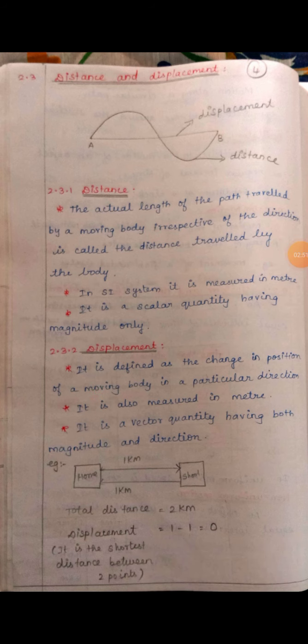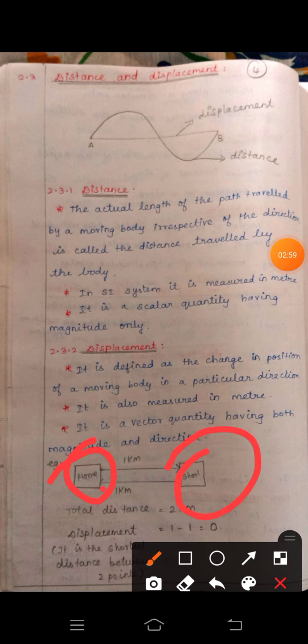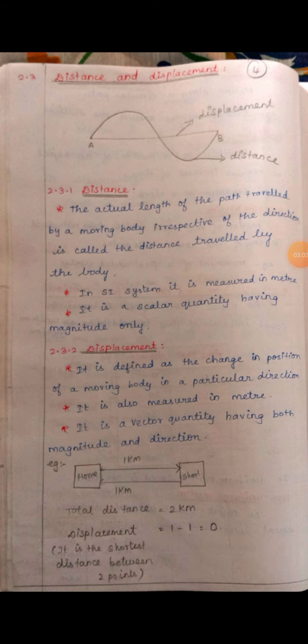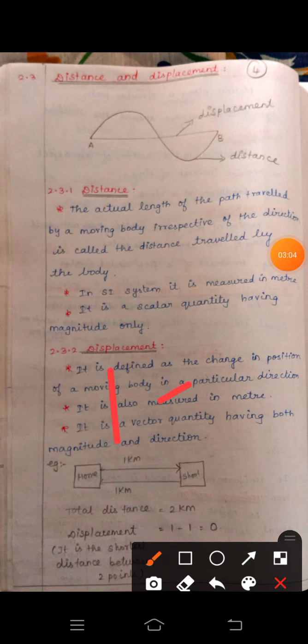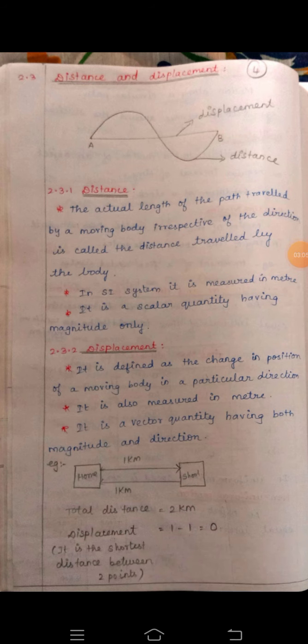Displacement is the shortest distance between 2 points. These 2 points, the shortest distance, we denote as displacement. So 1 kilometer minus 1 kilometer is 0. So here there is no displacement.